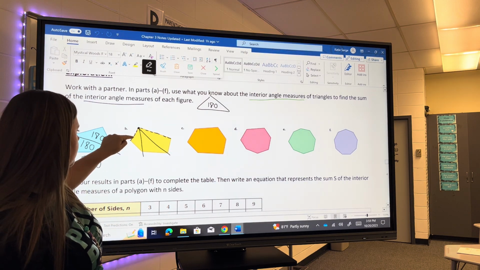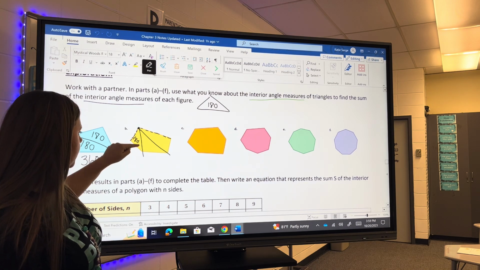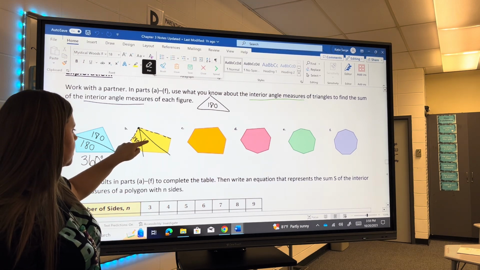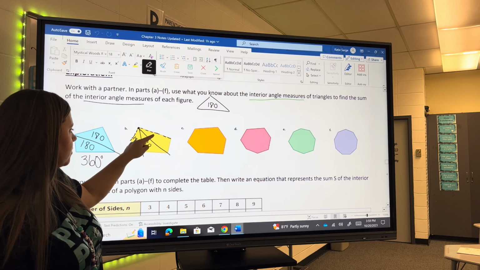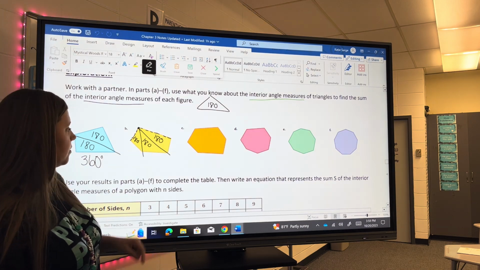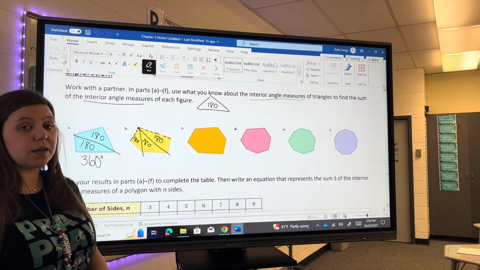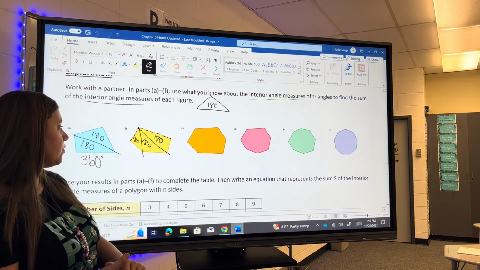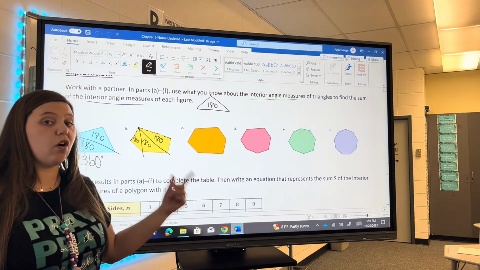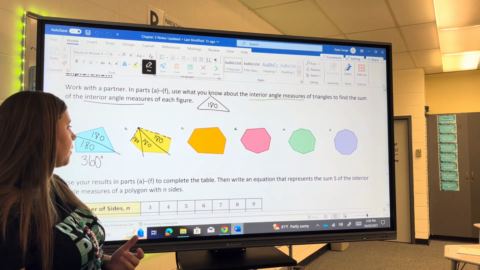3 different ones. But this is 180 total, and this is 180 total, and so is this. We need to add all of those up in order to find the sum of all of those angles together, okay?